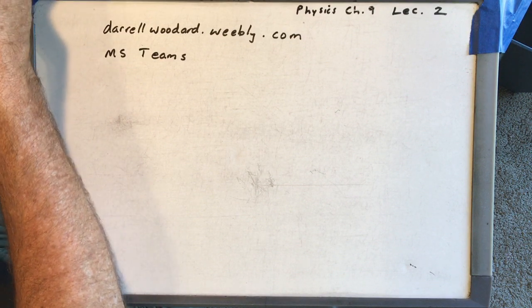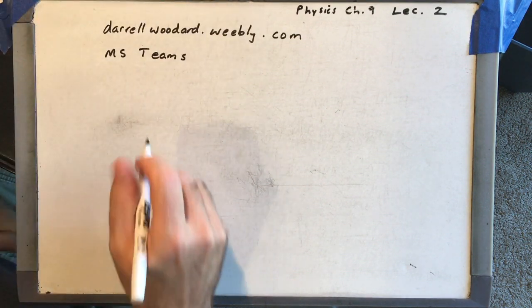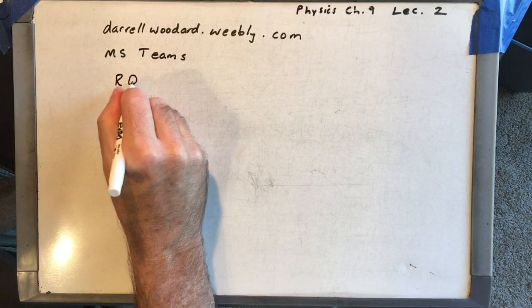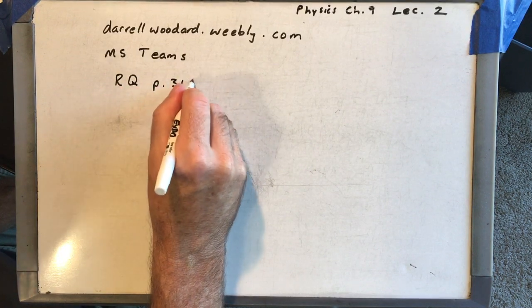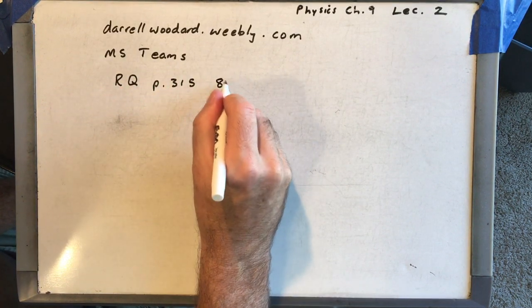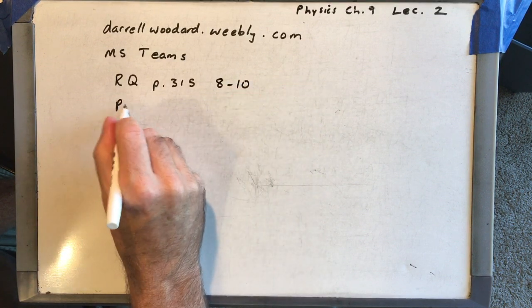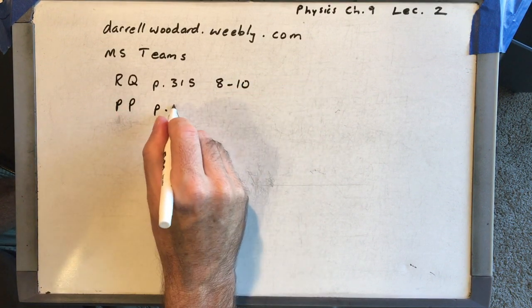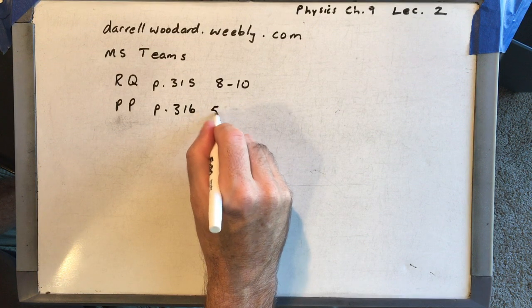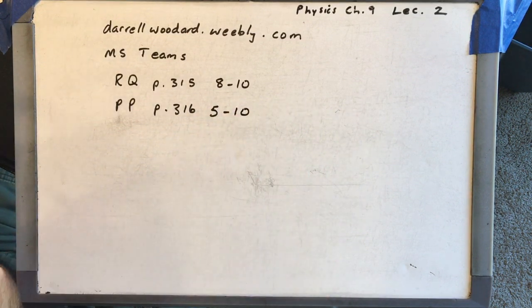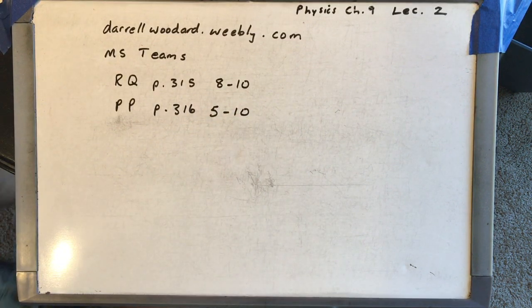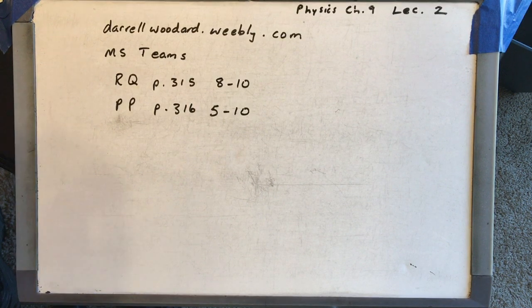But you're going to be doing review questions, page 315. Finish those up. That's 8 through 10. And then practice problems, page 316. You'll be doing 5 through 10 on that. So I will talk to you on the Chapter 9 Solutions video, and have a good rest of your day.